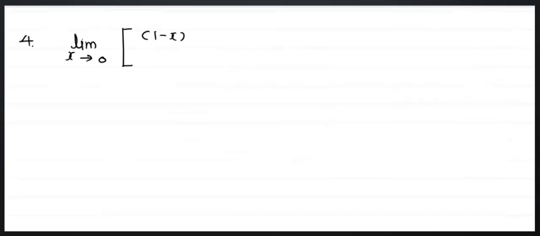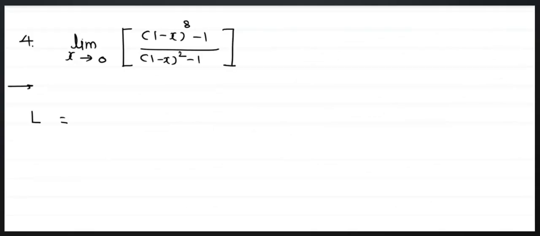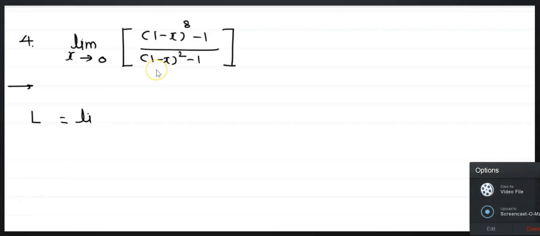Limit x tends to 0, bracket 1 minus x raised to 8 minus 1 upon bracket 1 minus x square minus 1 as x tends to 0. Now where x tends to 0 and we have 1 minus x. To solve this type of example, suppose that if we substitute x is equal to 0, then what will you get?